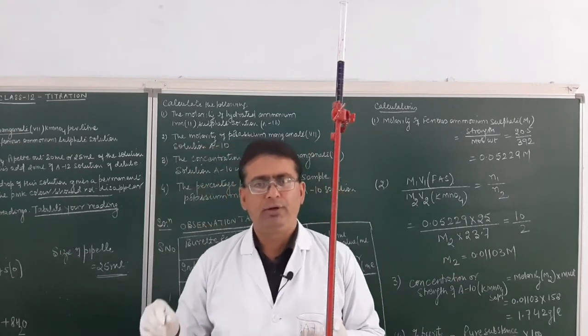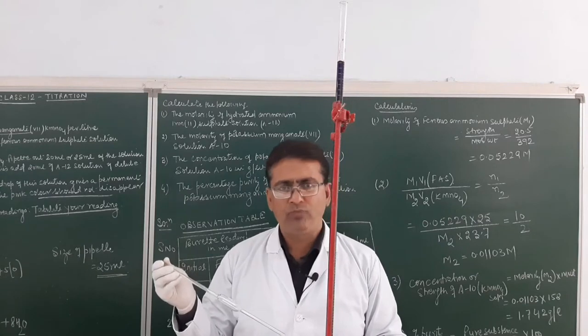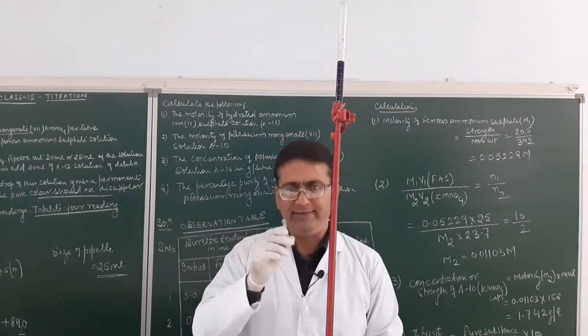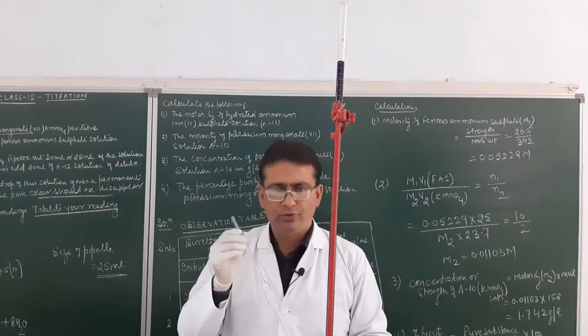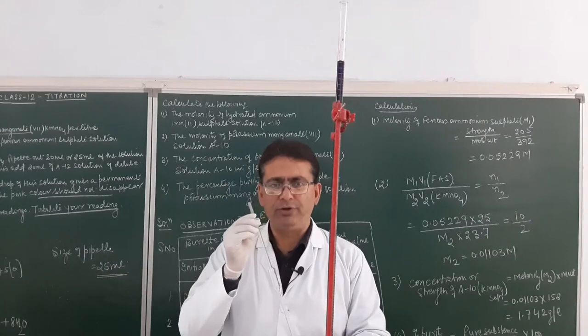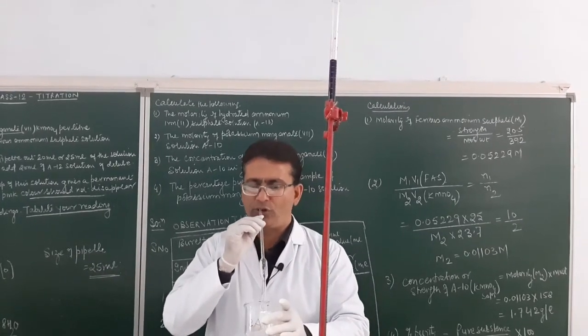I'll pipette out ferrous ammonium sulphate into the conical flask. Can you see this? So we will pipette out ferrous ammonium sulphate into the conical flask.